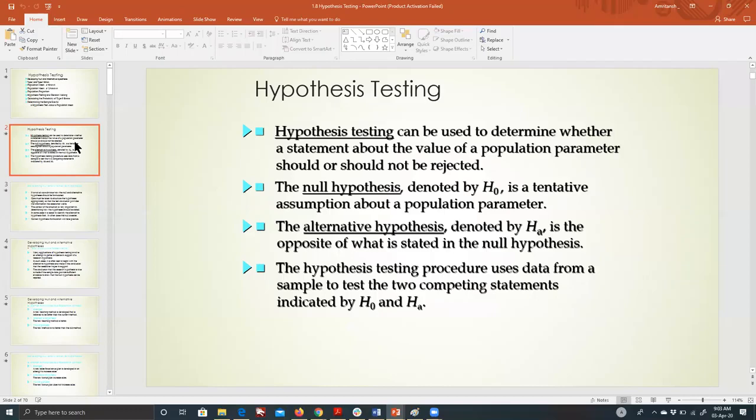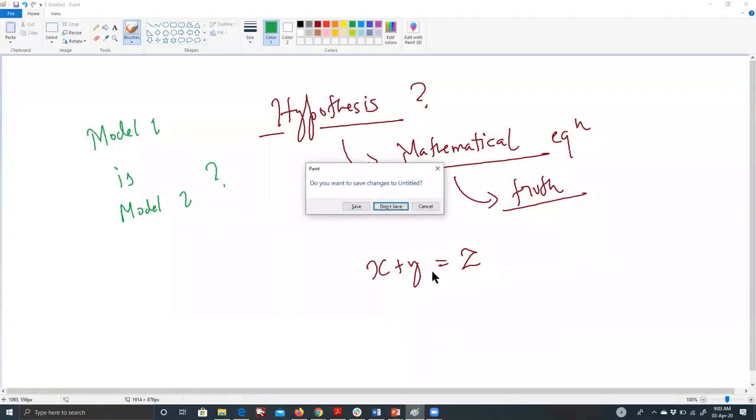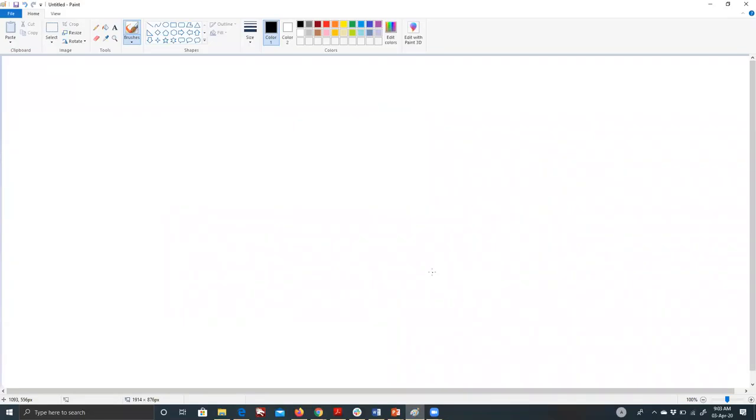Now there are different terms, and let me explain each term first, because it will get very confusing if I don't. There is something called the null hypothesis. Do you understand what null hypothesis means? I think zero value.